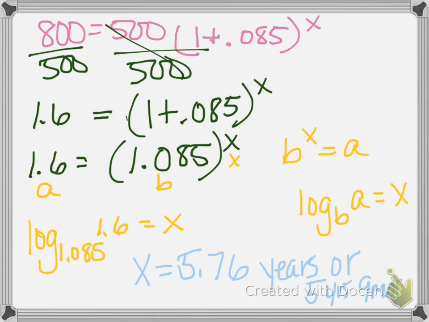All right, so just a little real world example of using logs. Hopefully you have all of your examples down and you're ready for practice the next time I see you in class.